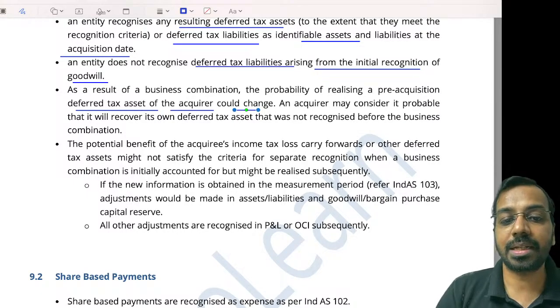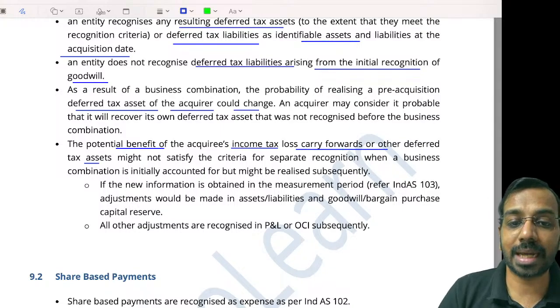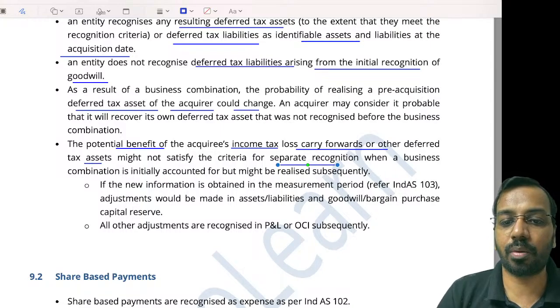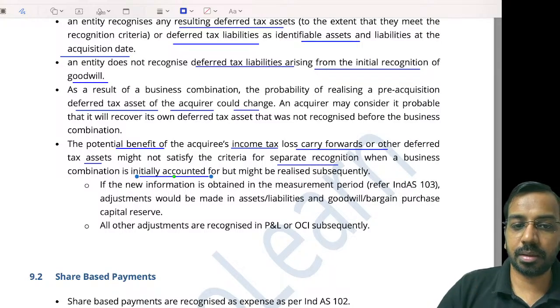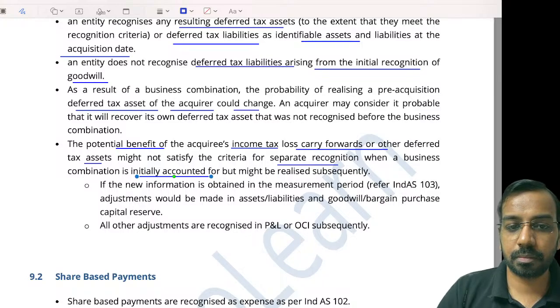Then, if there is some potential benefit of income tax carry forward losses or other deferred tax asset, they may not satisfy the criteria of separate recognition when a business combination is initially accounted for, but might be so.